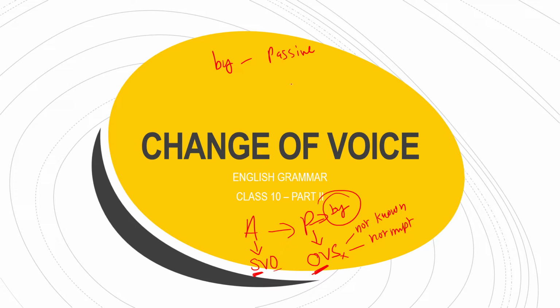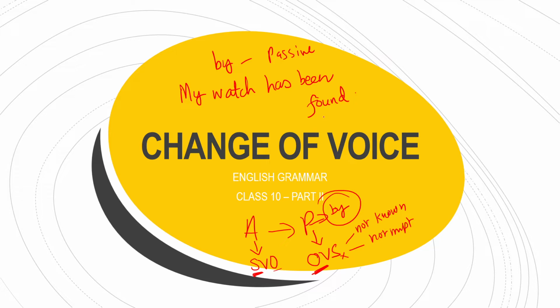Now sometimes passive sentences do not have the word by in them. For example, my watch has been found. In this sentence, is the word by there? No, there's no by. Does that mean it's in the active voice?